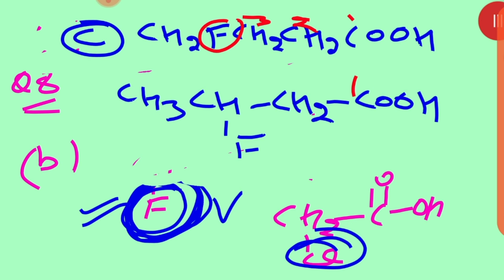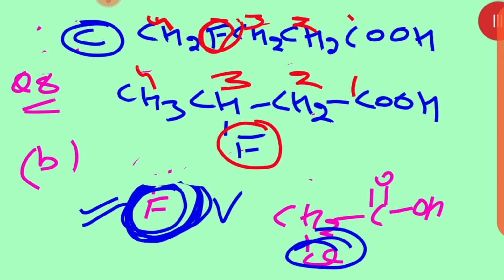1, 2, and 3, 4. Beta, here I have written wrong. Here 3, 4. But this F is coming at the 4th carbon.